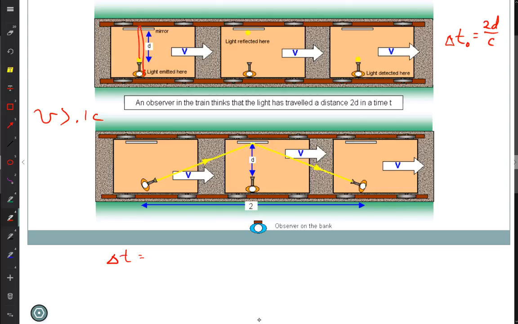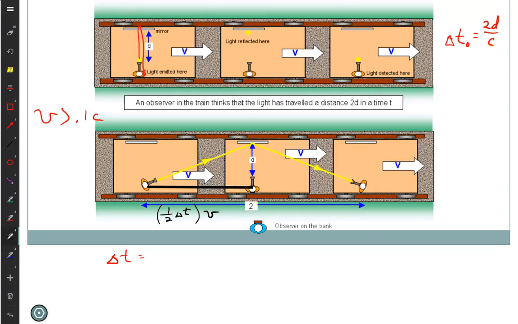So if I take this and break it into pieces, I have a distance that I just marked in black that would be 1/2 the time for a complete tick multiplied by the speed at which the railroad car is moving, at which the clock's moving. Why 1/2 the time for a tick? Because it takes half of the time to hit the mirror, the other half to come back.